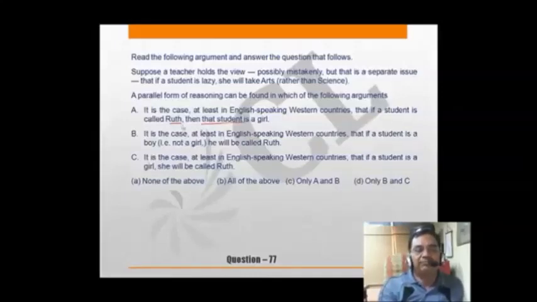So it follows the same cause and then the effect is there. If a student is a boy, he will be called Ruth. Again one cause is there, a different result is there. In the case the student is a girl, she'll be called Ruth. Again the cause is there, they're different, so all of the above will be the answer. This was an easier one.